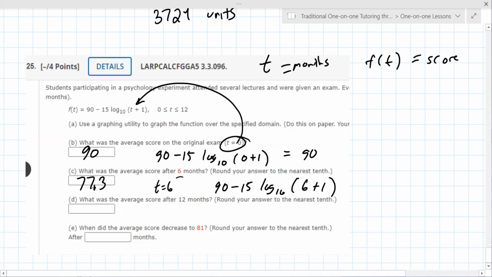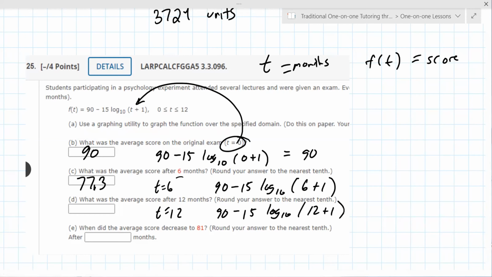So it goes down. What was the average after 12 months? Same thing. You set t equal to 12: 90 minus 15 log base 10 of (12 plus 1). So it gets 73.3.